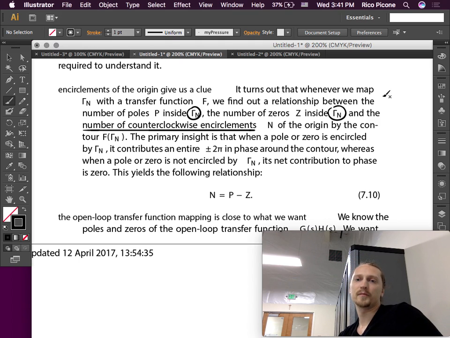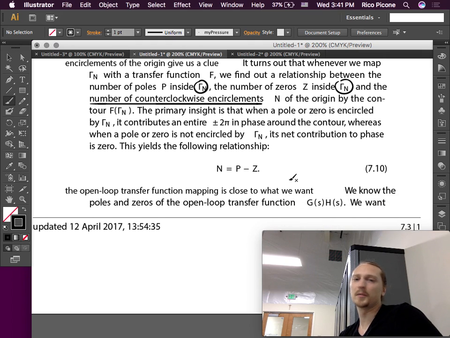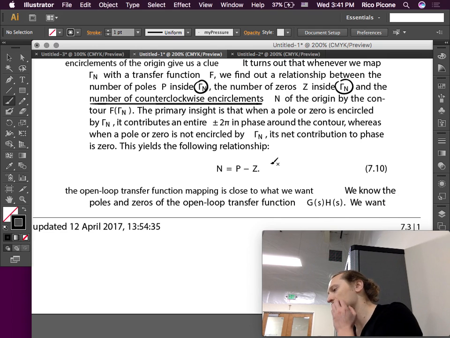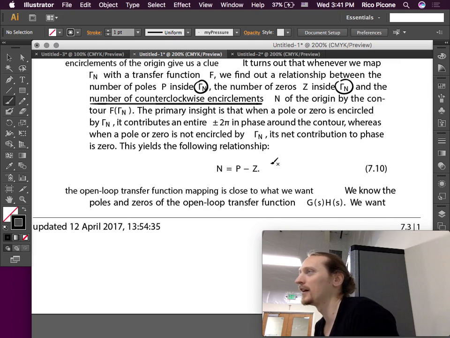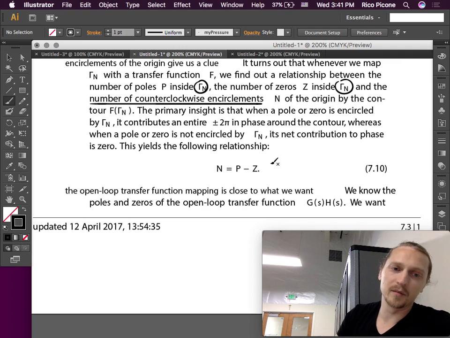Okay? So that's a simple relationship. And this relationship is going to become very important after a few more insights. It doesn't mean a lot to us now, but it's going to become very important.